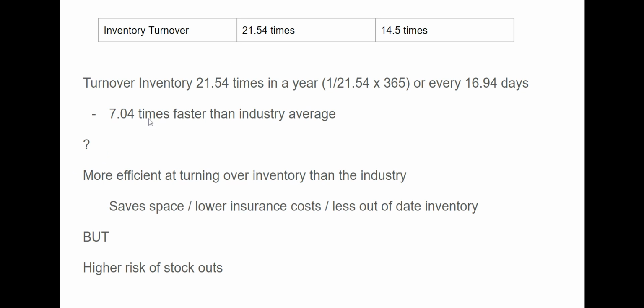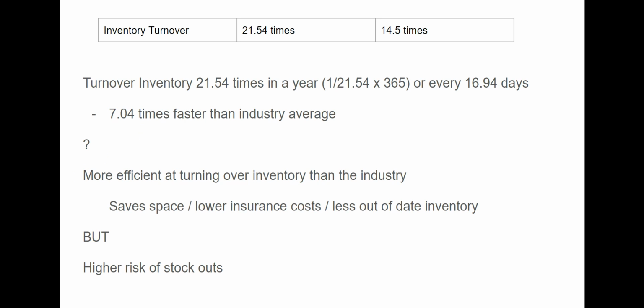It's obviously a lot quicker than the industry average. It's 7.04 times faster than the industry average. And in some ways, we'd look at that and say that's a really, really positive thing, because it means that they're more efficient at turning over the inventory than the industry as a whole. That means that they're generating cash from that inventory quicker, and it also means they need less space.